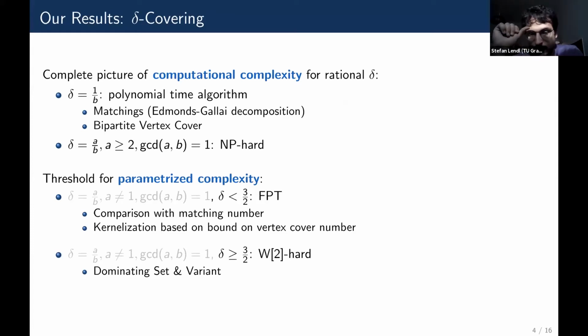If we have a fixed number delta, we can use our rounding lemmas to obtain an instance which has constant, to get rid of the denominator, and then we only have to select a set of size polynomial in the constant, by trying all sets.